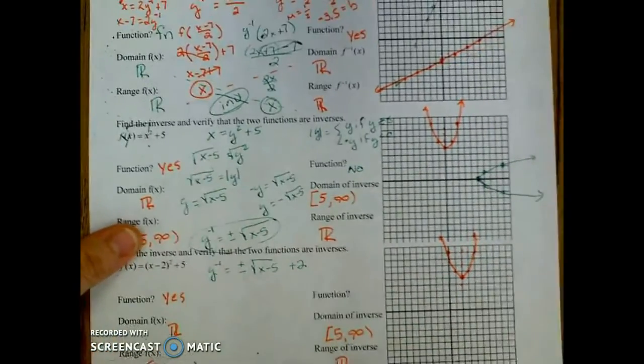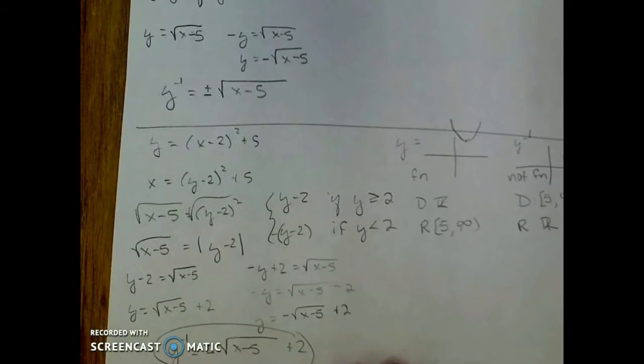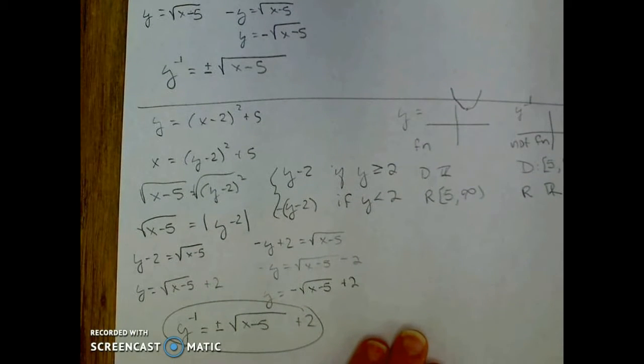Right? If you need to see the steps on that, you can stop the video. I'm going to put my work under here, and we will graph that. So you can take just a second. There are your steps. Stop the video. And then we will go about graphing this one.